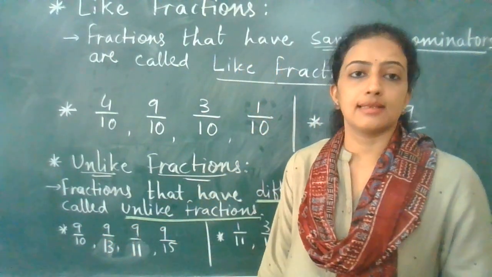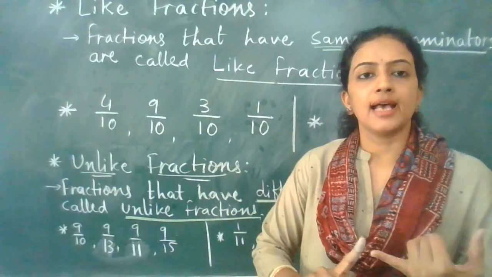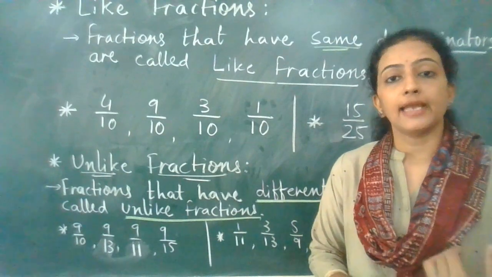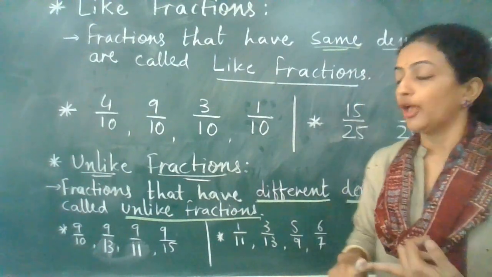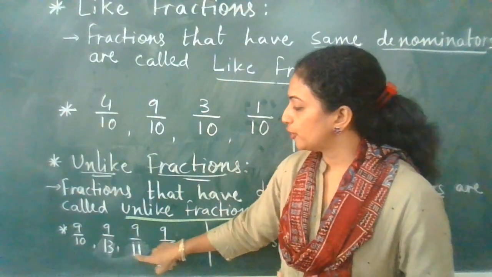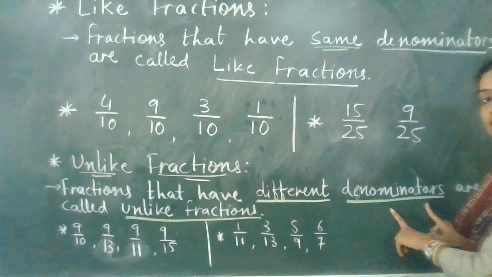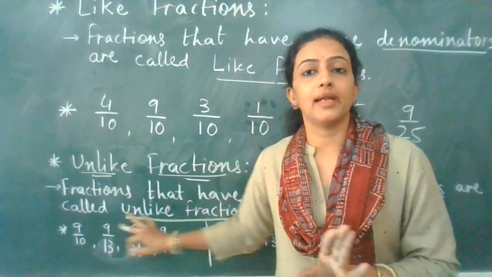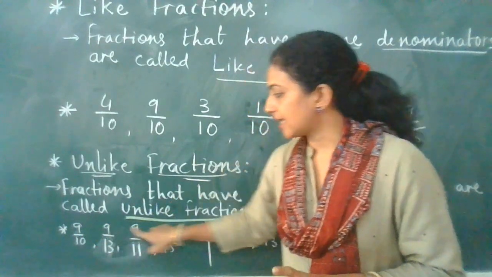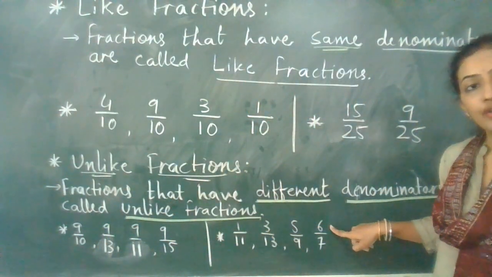So numerators are same does not mean they are becoming like fraction. As I have said, to decide whether it is like fraction or unlike fraction, you have to focus on the denominators. Always on the denominators. Doesn't matter what is your numerator, whether your numerators are same or different.